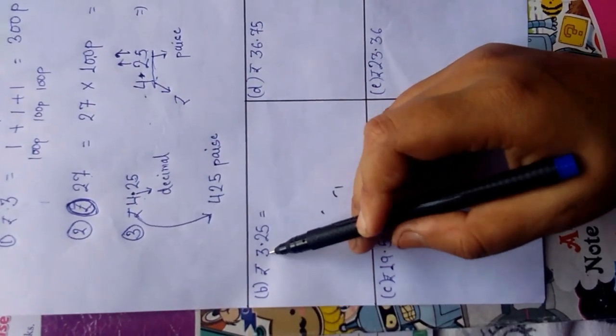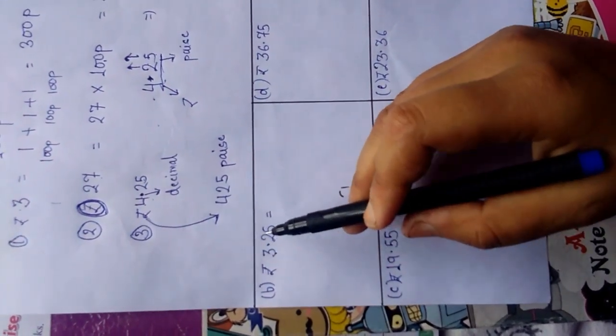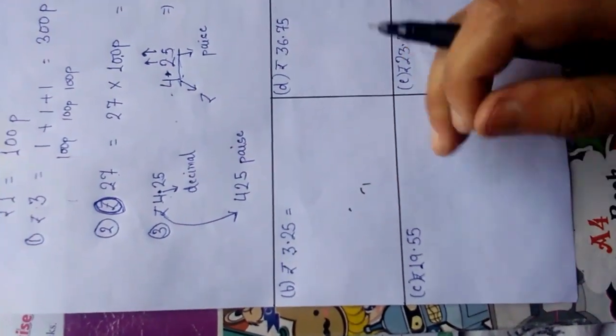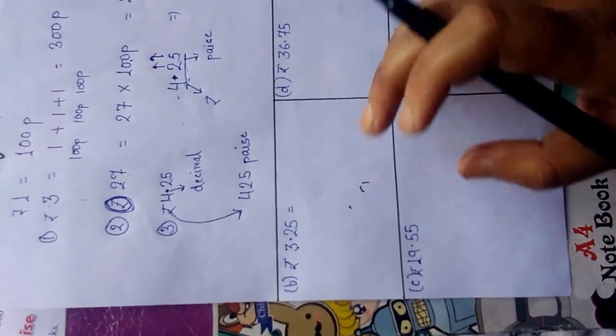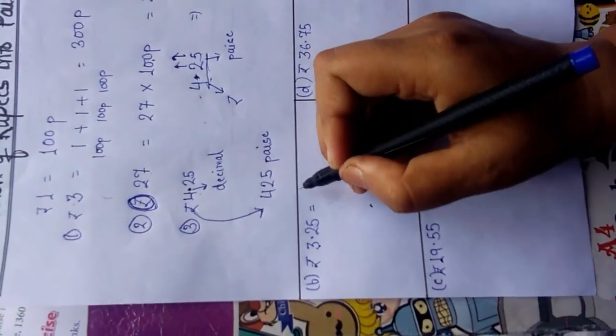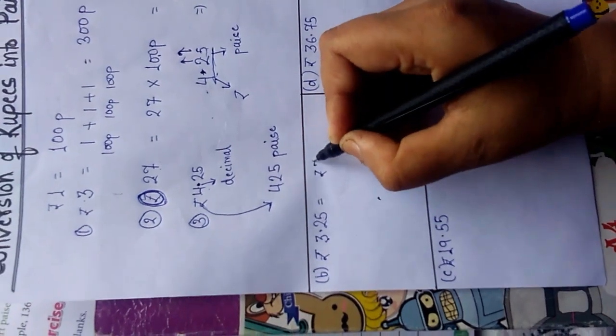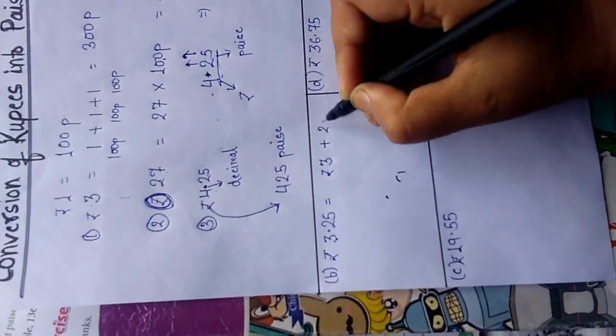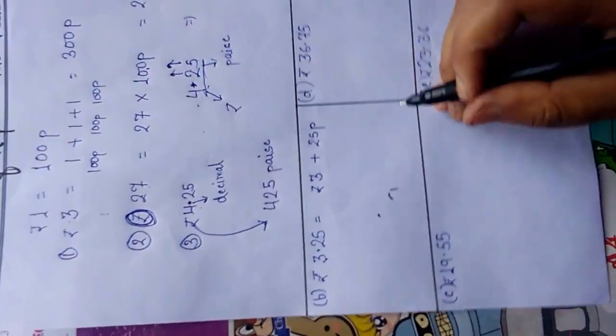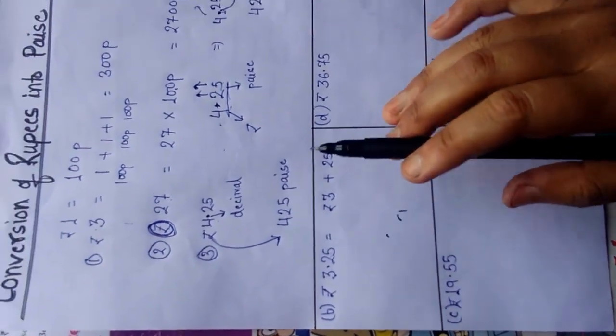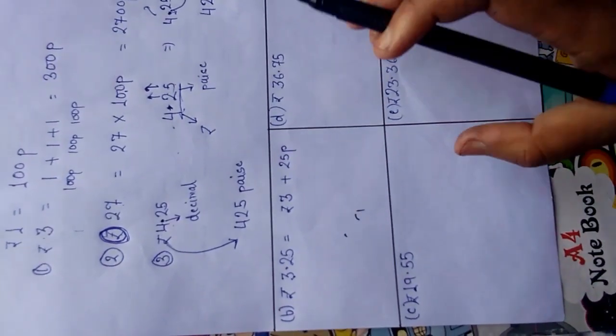Here is 3 rupees 25 paise. The other method is that we can say here is 3 rupees plus 25 paise. You can solve by this method or by multiplying by 100.